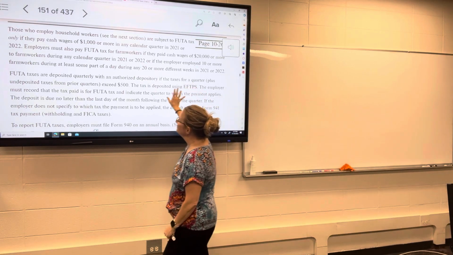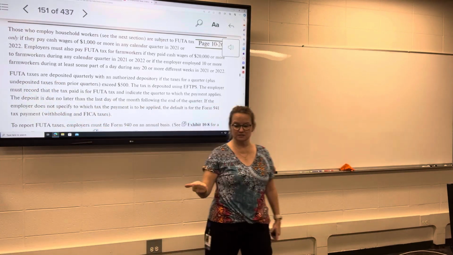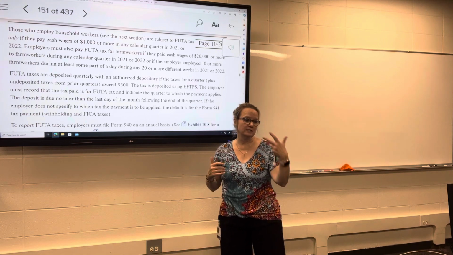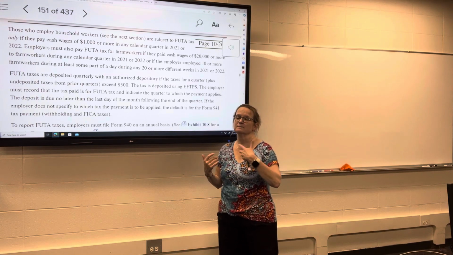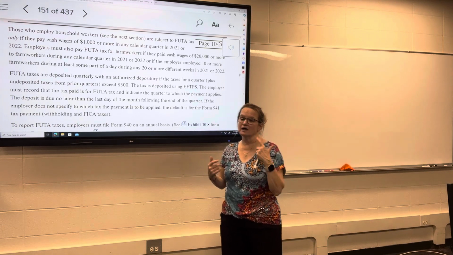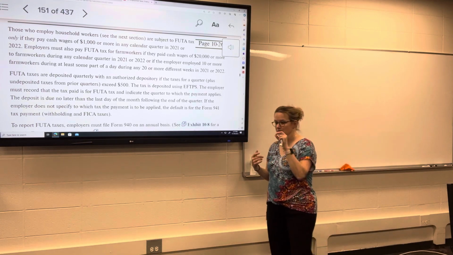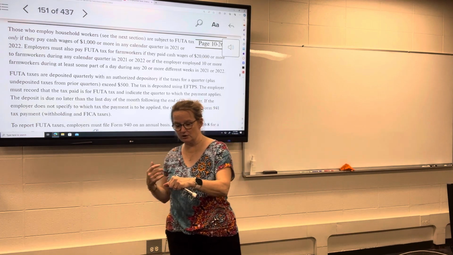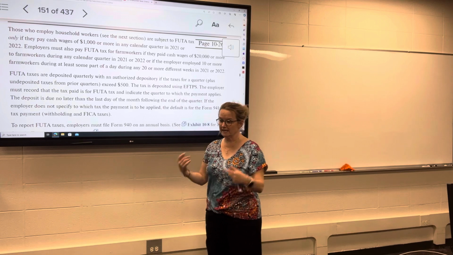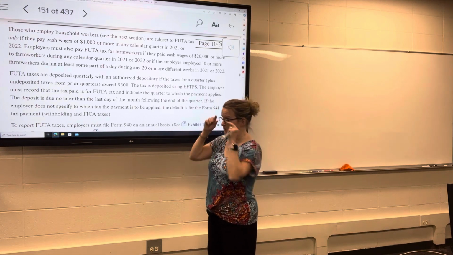So you only have to deposit it once the FUTA tax reaches at least $500. During the year, it's due by January 31st of the following year unless you have a liability of over $500 during the year. So once it reaches that $500 point, the IRS wants to start getting their money on a quarterly basis. Again, the more you owe them, the faster they want their money, right?